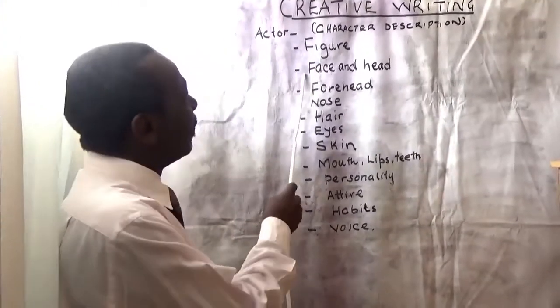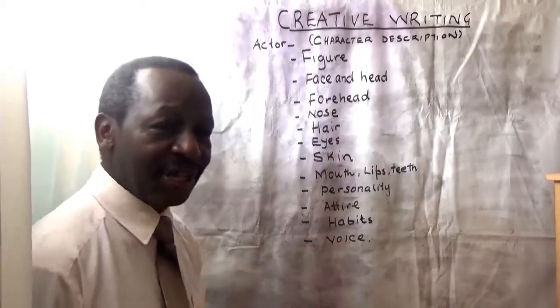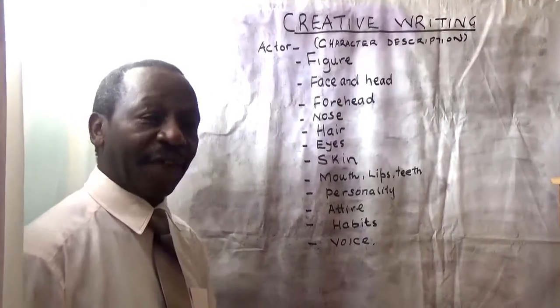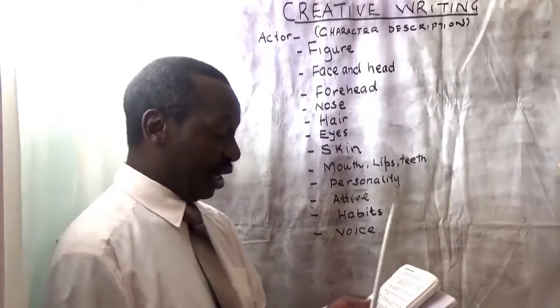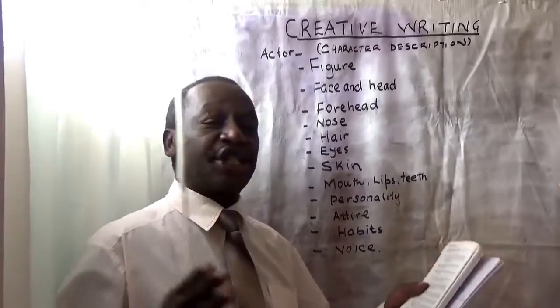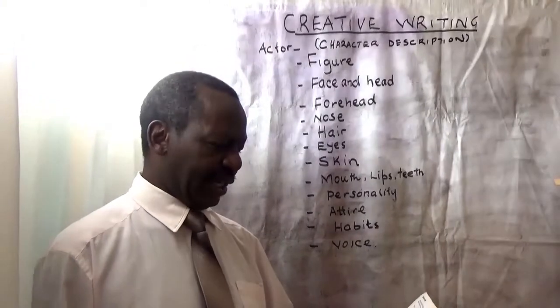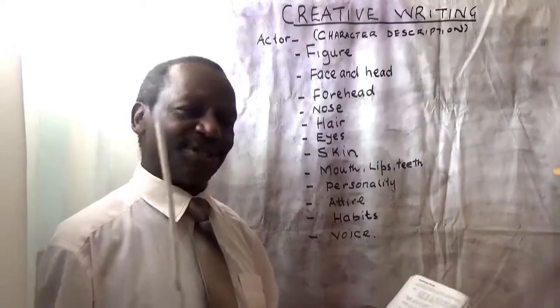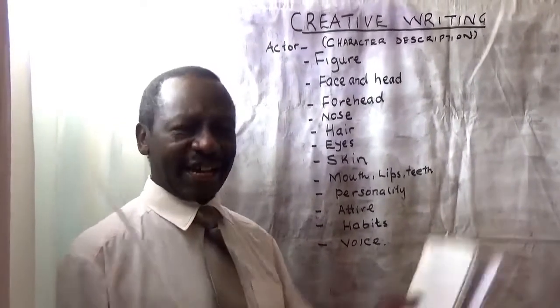The character has a face and a head. What are some of the words that you should use to describe the head of your character? You can say it was round, round-faced, oval, long, small, square-jawed, thin, fat, flat, wrinkled. All these are adjectives that can be used to describe the face of your character.